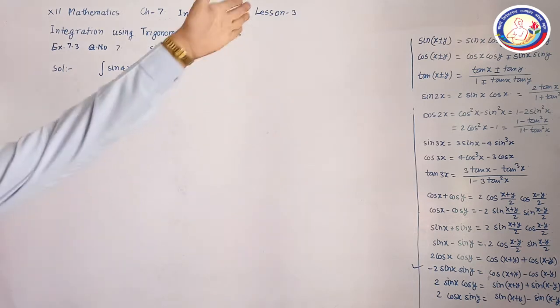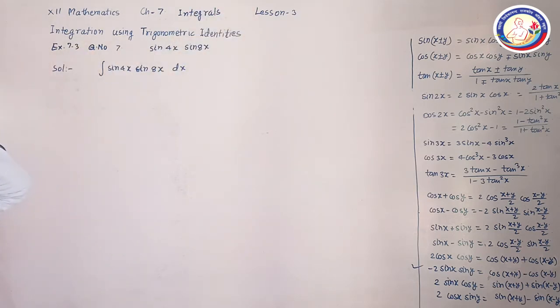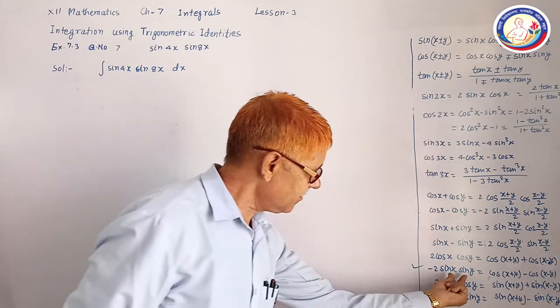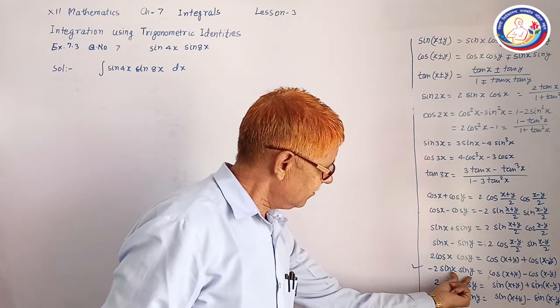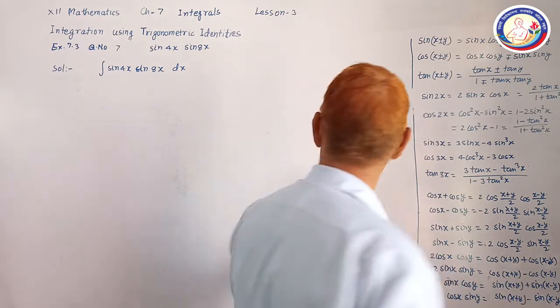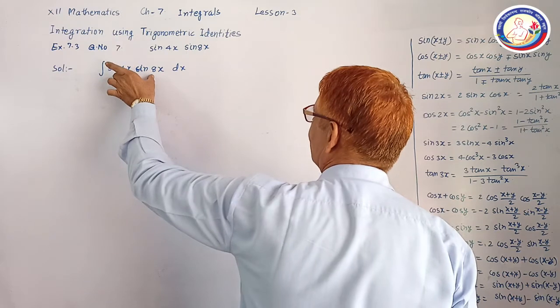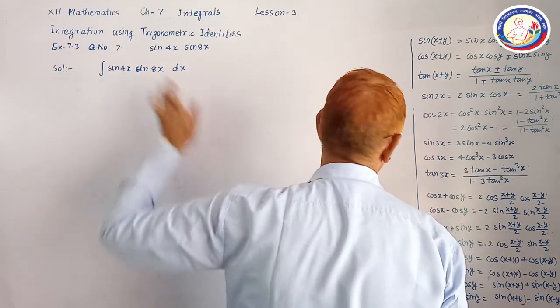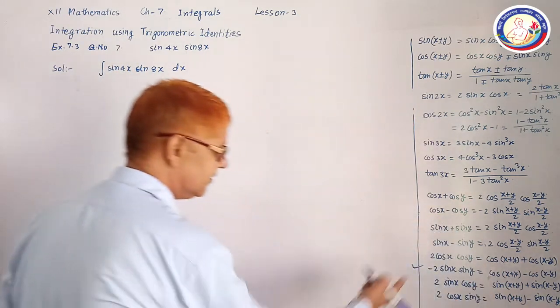Now go through the list of formulas which will be applicable. Here it is sine of 4x and sine of 8x multiplied. See this formula. We can use this formula to break this in the required form, and then we can integrate. So what is this formula?